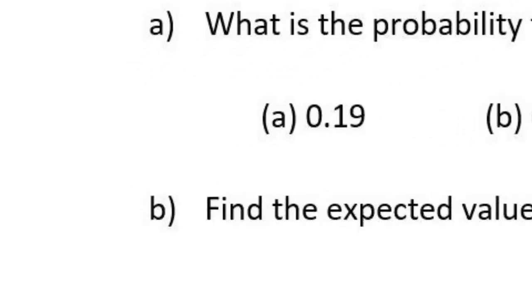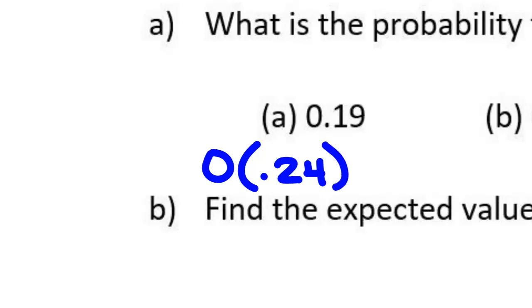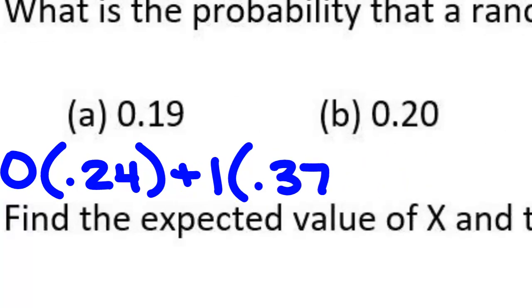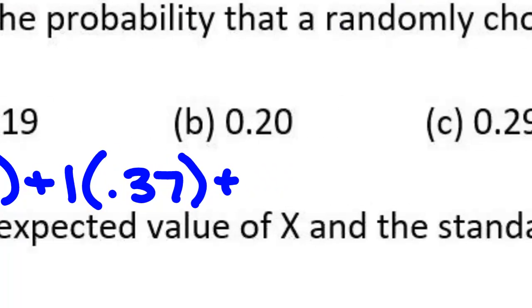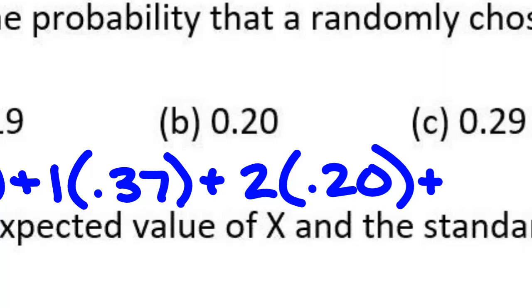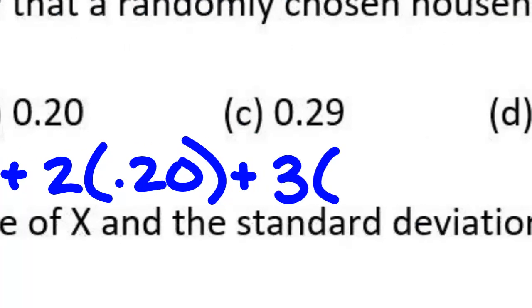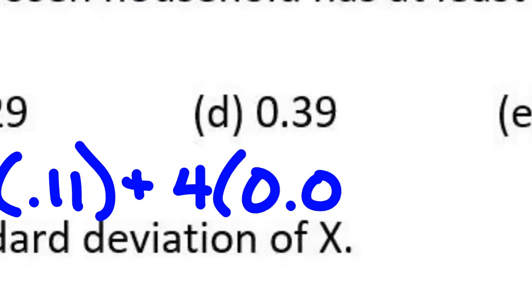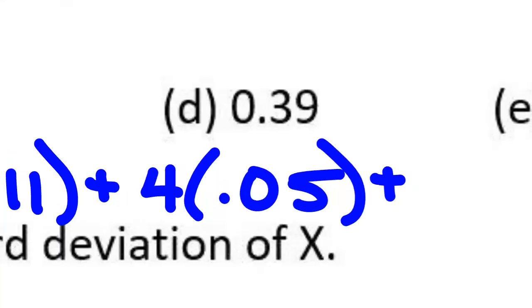Yes, times 0.37 all the way across the table. 2 times 0.20 plus 3 times 0.11 plus 4 times 0.05 plus 5 times 0.03.